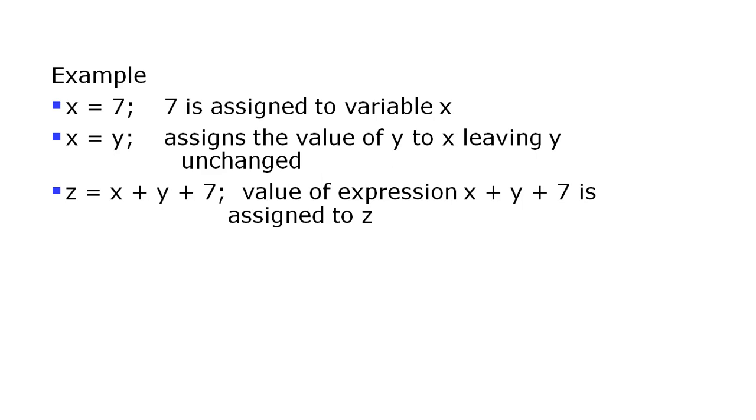The total x plus y plus 7 is 7 plus 7 plus 7, that is 21, which is assigned to the variable z. Now if you print the value of z, it gives the output as 21.